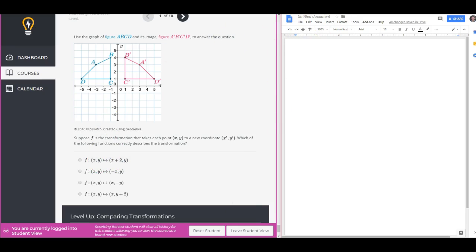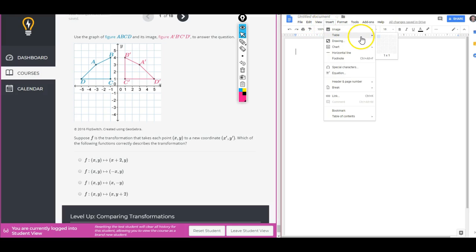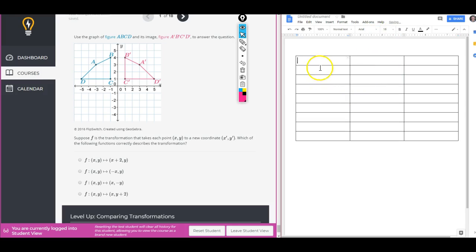How we're going to figure this out is we're going to look at the x and y coordinates for A and A prime, and I think the best way to compare these would be a table. So the coordinates for A are -3, 3.